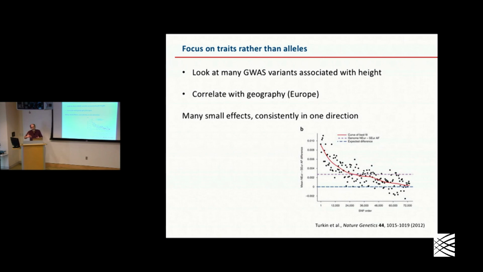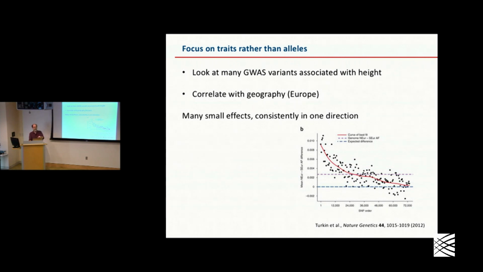And because all of these things were shifting in the same direction, their conclusion, which was backed up by later studies, was that natural selection was operating either for taller stature in the north or shorter stature in the south, or both. But that it wasn't that there was one allele sweeping to high frequency. It was just subtle shifts in lots and lots of alleles. Not surprisingly, for stature, how big you are, lots of things could contribute to that, clearly.